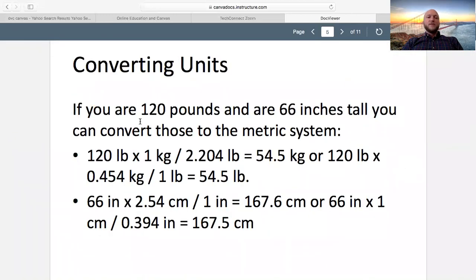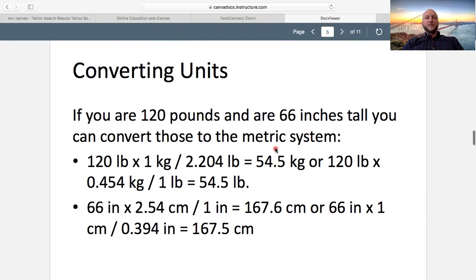So if you weigh 120 pounds and you're 66 inches tall, you can convert those to the metric system using this math right here. So we've got 120 pounds, that's how much you weigh. Imagine a line underneath this with an imaginary 1 below it, and that might help you set up this equation.